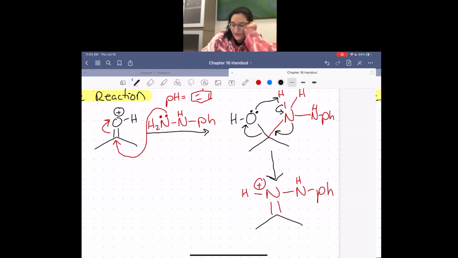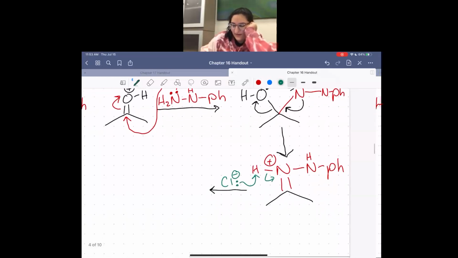Whatever will we do? We're going to deprotonate with our handy dandy Cl-. And we have got ourselves, ladies and gentlemen, a lovely phenylhydrazone.